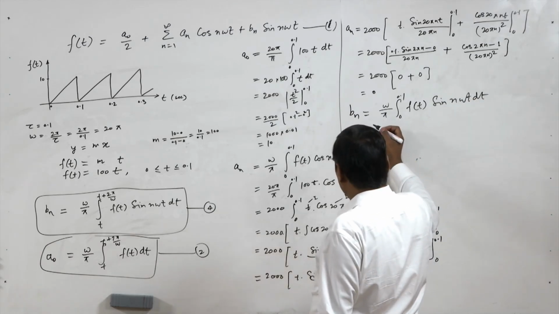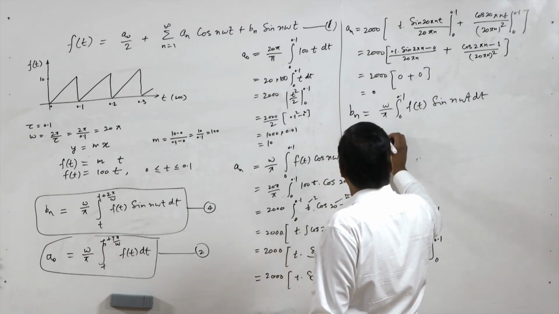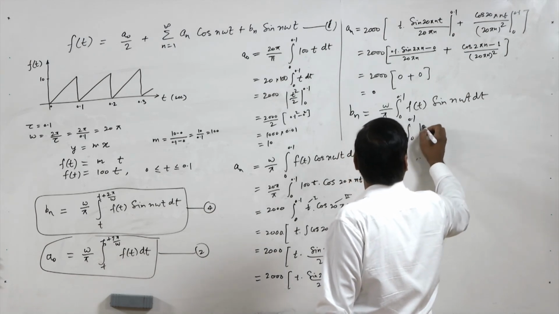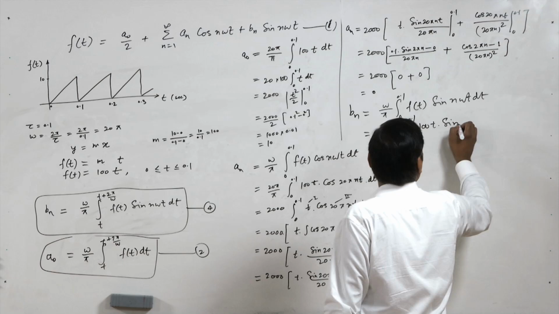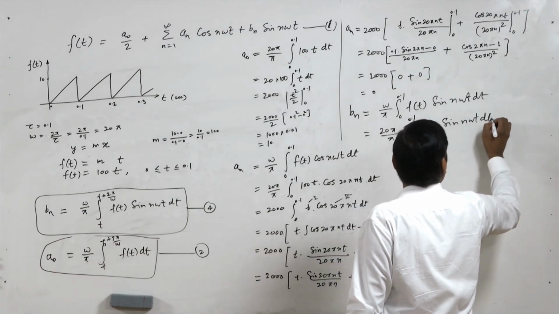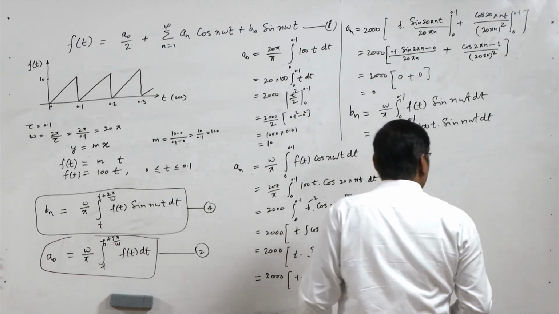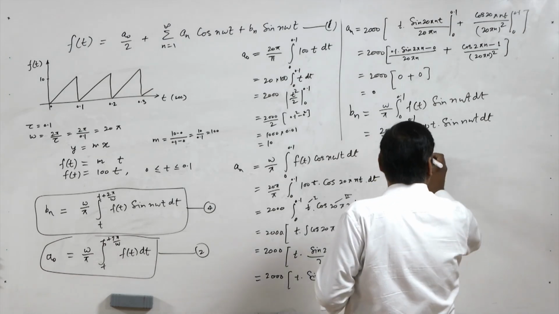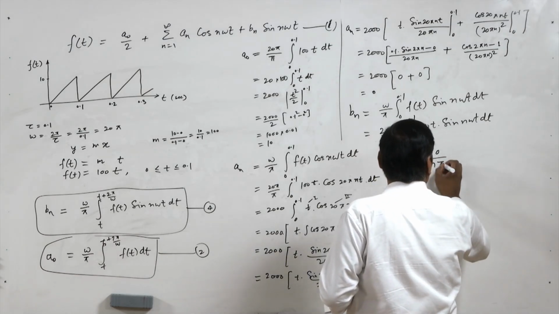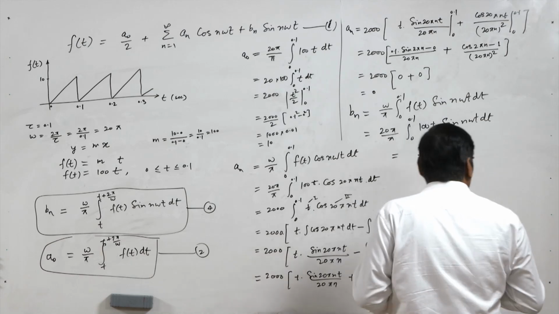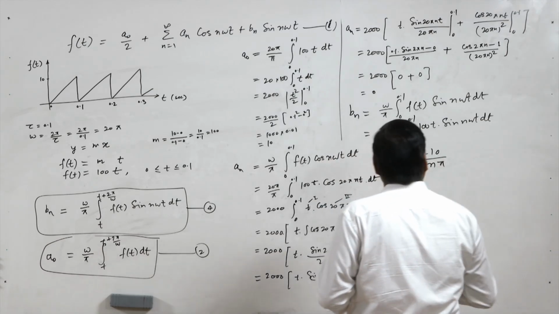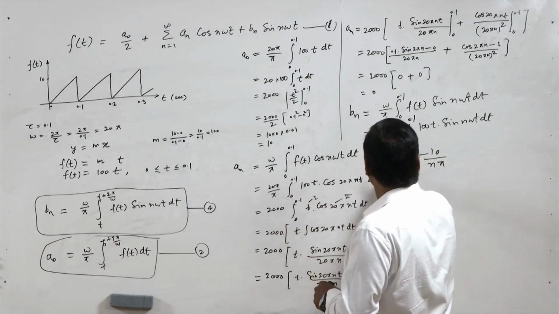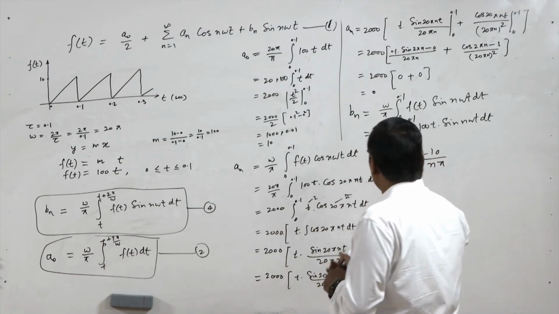So we can put here 20π by π, integral 0 to 0.1 of 100t into sin nωt dt, and we can solve this integral in a similar way, and we find the value of this integral is minus 10 by nπ. So we go for the solution similarly to an, and we will find this as bn.